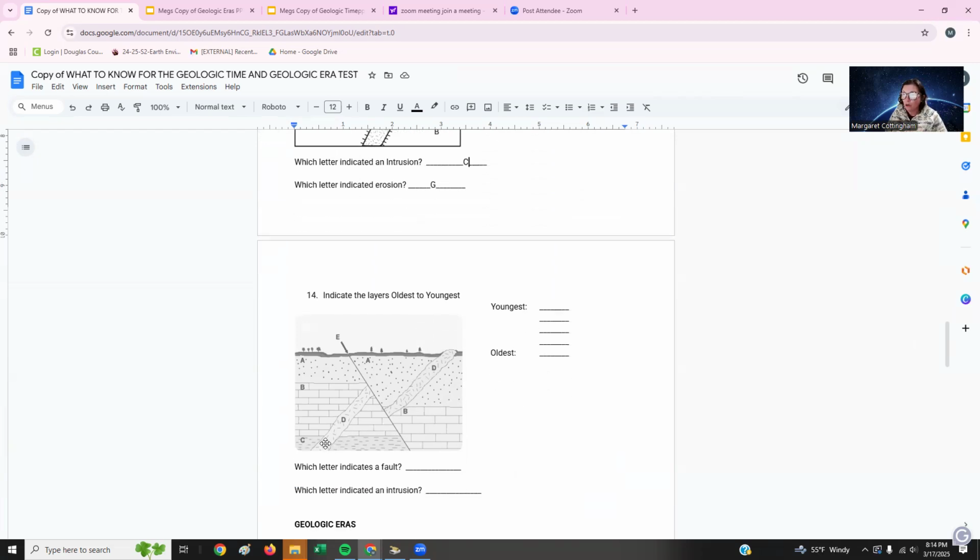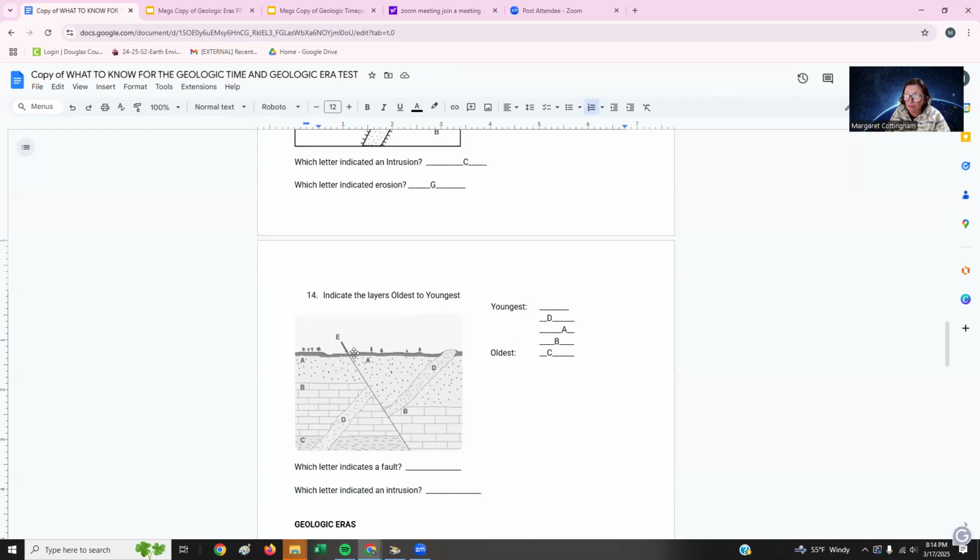Again, the oldest is a little tricky. The oldest looks like it's going to be C down here. Then I would probably say B because the intrusion keeps going up, but it goes up through B. Then probably A. And then D goes all the way up through A. That's a fault here.